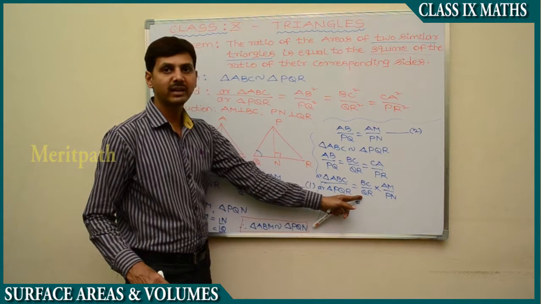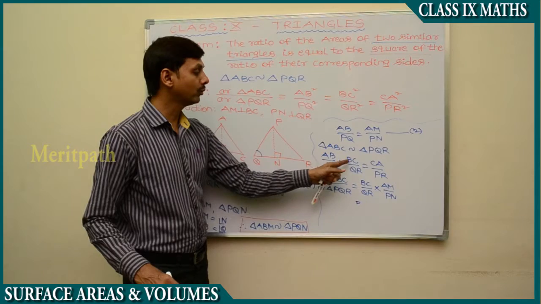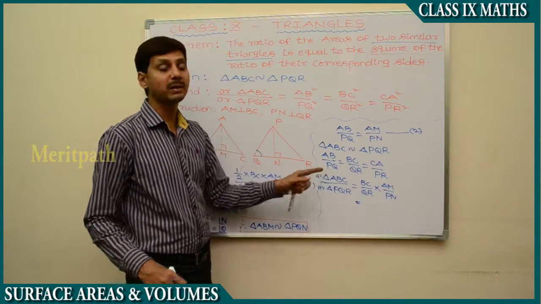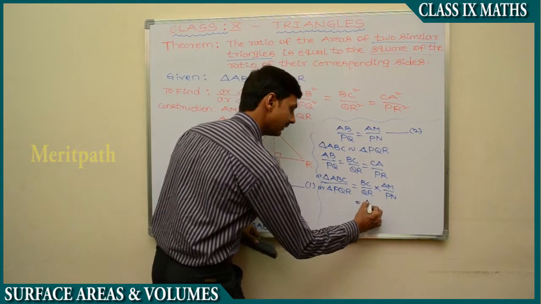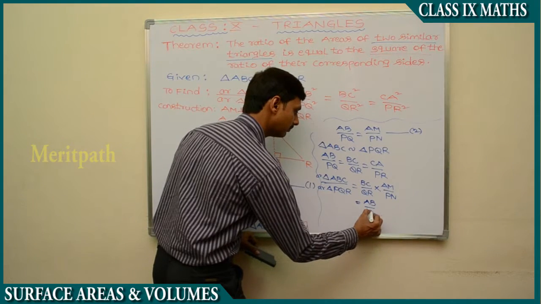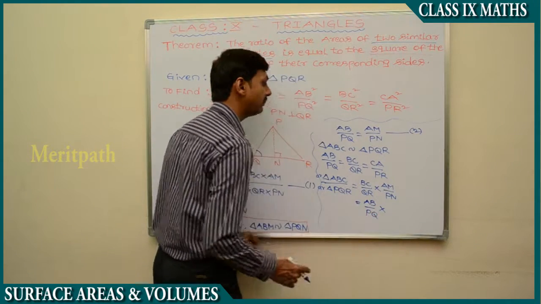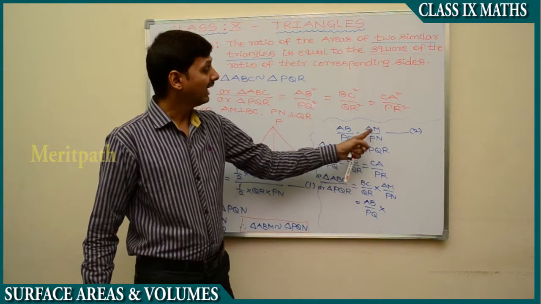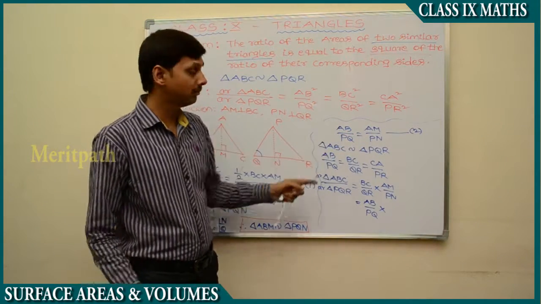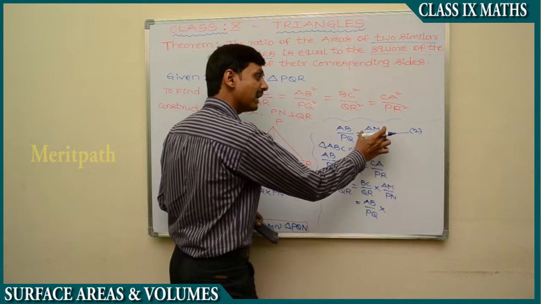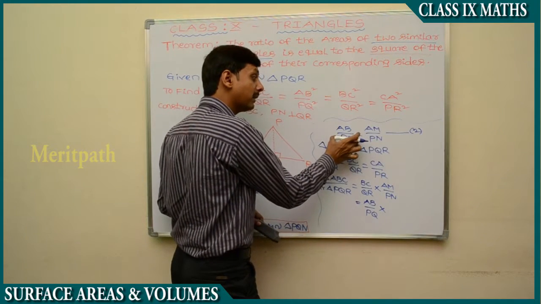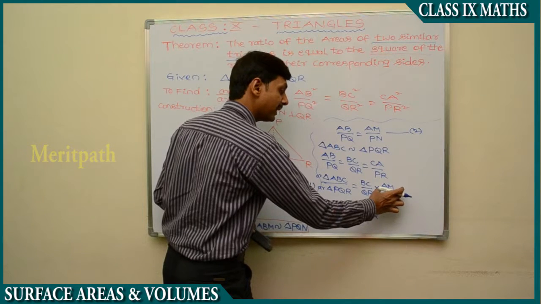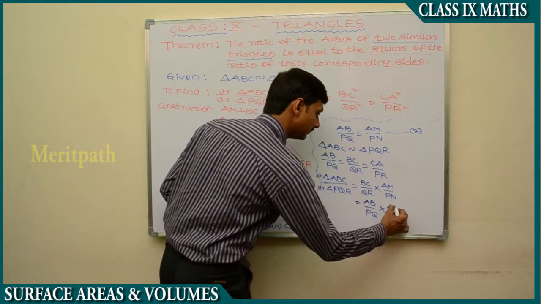In the place of BC by QR, we can take AB by PQ, because BC by QR is equal to AB by PQ. So let's write this AB by PQ into AM by PN. We know AM by PN is equal to AB by PQ. So in the place of AM by PN, write AB by PQ.